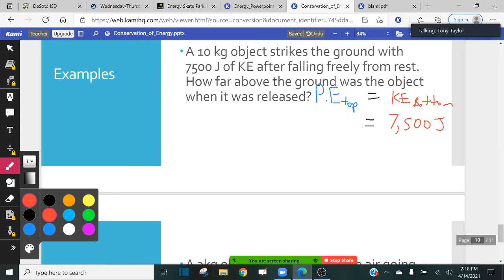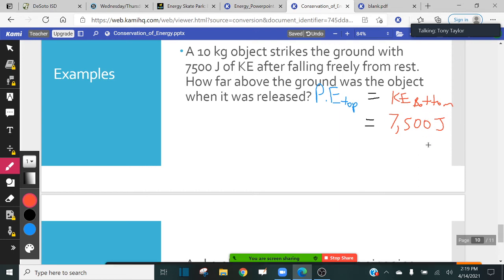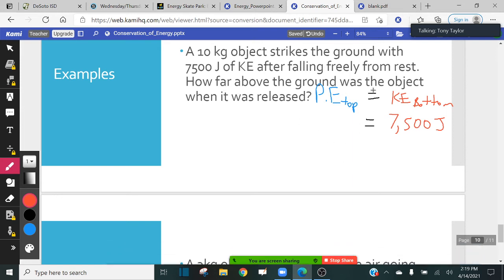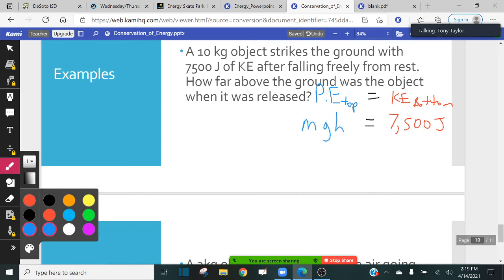So I'm taking this number and plugging it in here because that's what we're told. Our goal is to find the height the object was released from, because it asks how far above the ground the object was dropped. We know our equation for potential energy is mgh. So our goal is to plug everything in and solve this equation for height.